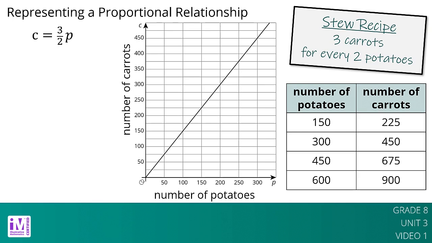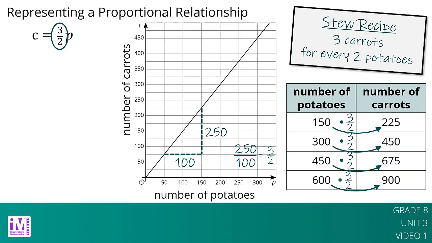In the equation, it is the number we multiply P by. In the graph, it is the slope. And in the table, it is the number we multiply values in the left column by to get numbers in the right column.